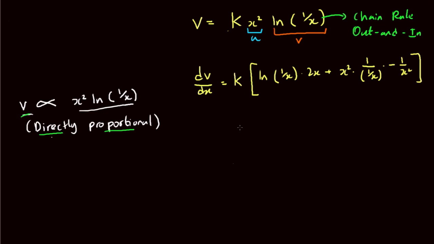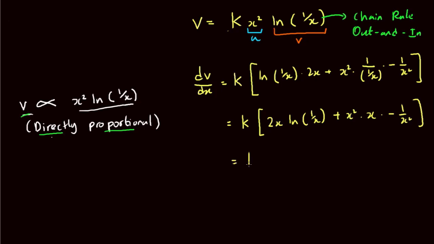Okay, so let's try to simplify this problem. We will have here k, right? We will have here 2x ln 1 over x, plus x squared. What else? So 1 over x would be how much? It would be x multiplied by negative 1 over x squared.